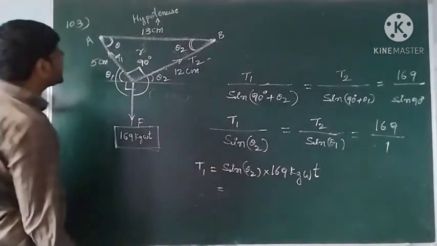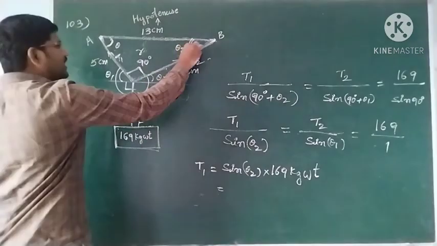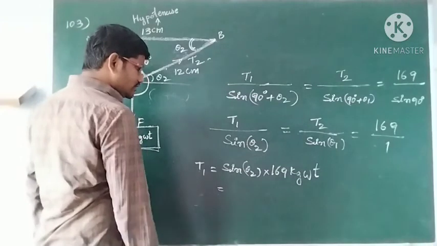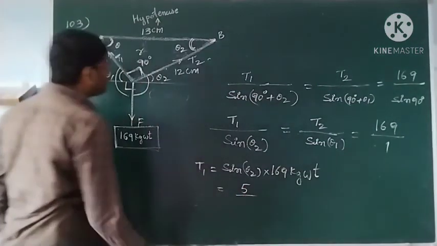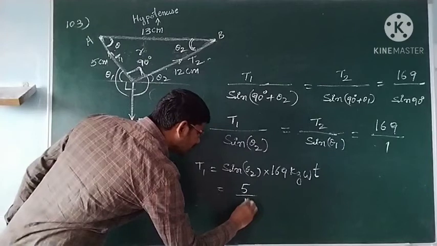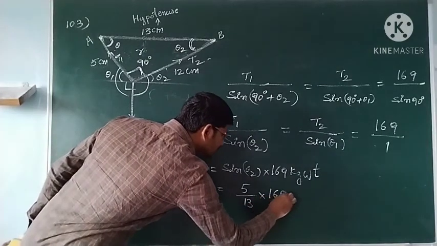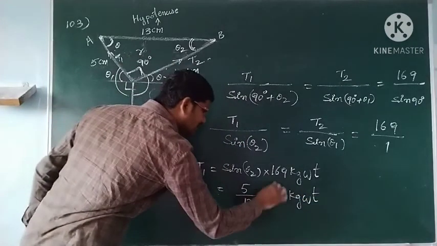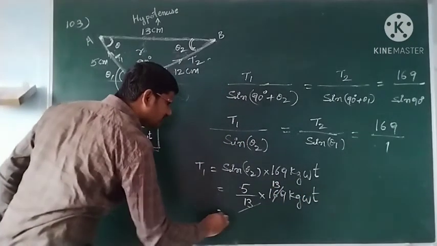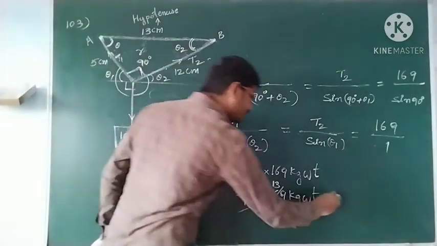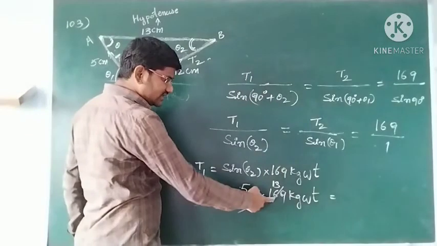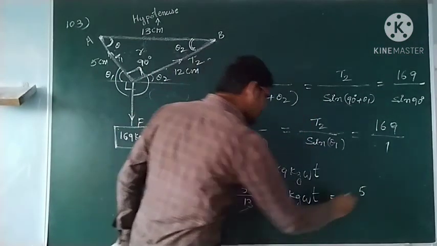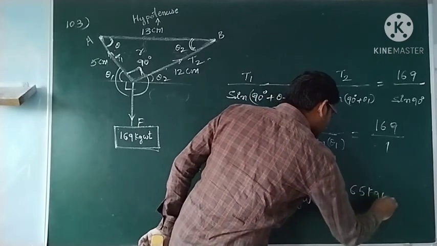Sin theta 2 means this is theta 2, this is the 90 degrees, so sin theta 2 is the opposite side, 5 centimeters, by hypotenuse 13. So 5 by 13 into 169 kilogram weight. 13 into 13 is 169, so it gets cancelled with 13. 13 into 5 is 65.